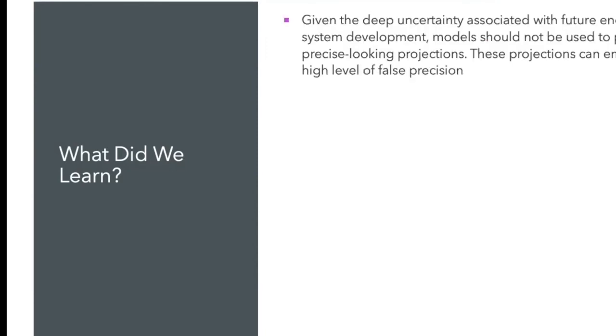One thing that I have learned through this entire exercise and through the modeling of stochastic linear programming, robust optimization, and MGA is that whenever we have a lot of uncertainty in the future, we should not be using these models for making projections about how the future looks. If we just come up with one single projection, it has a very high probability that it's going to mislead some of the decisions.